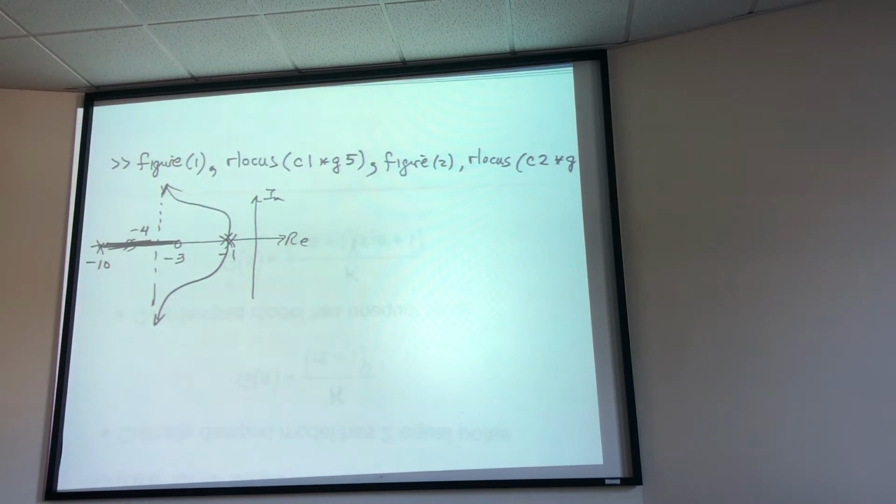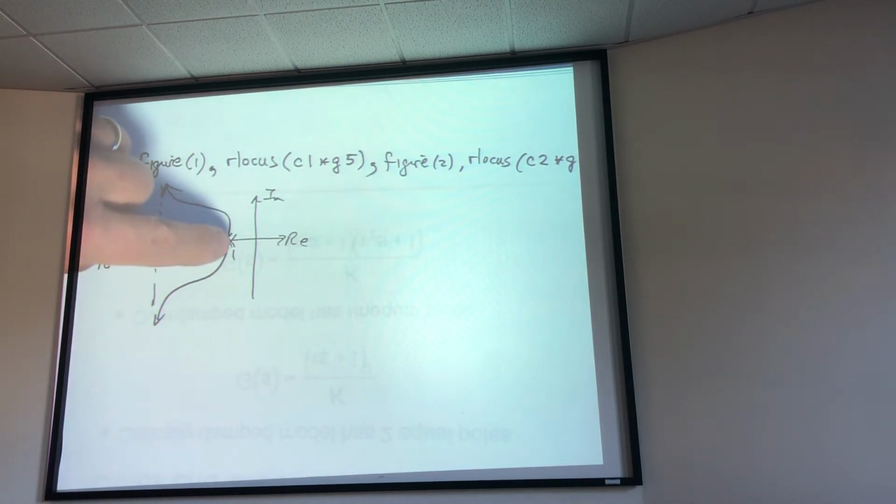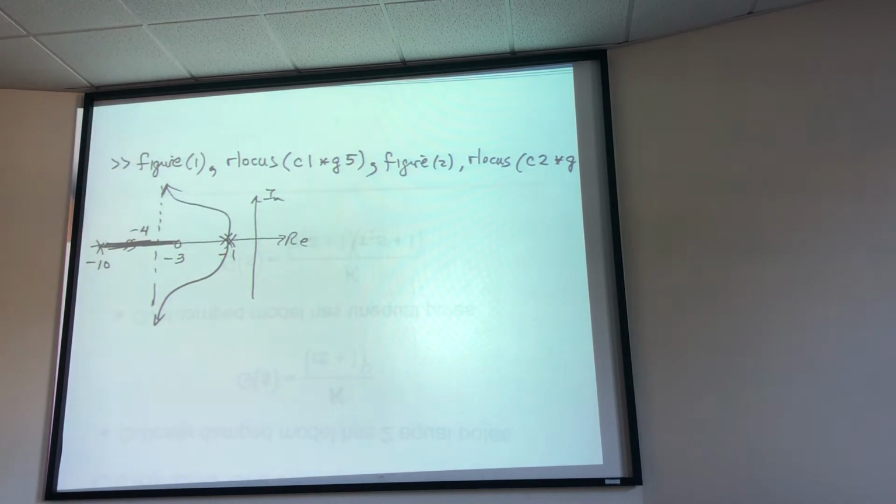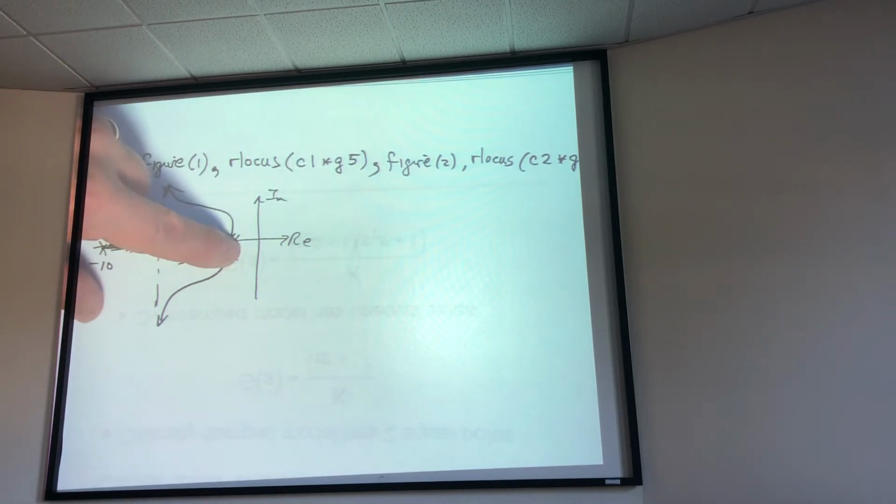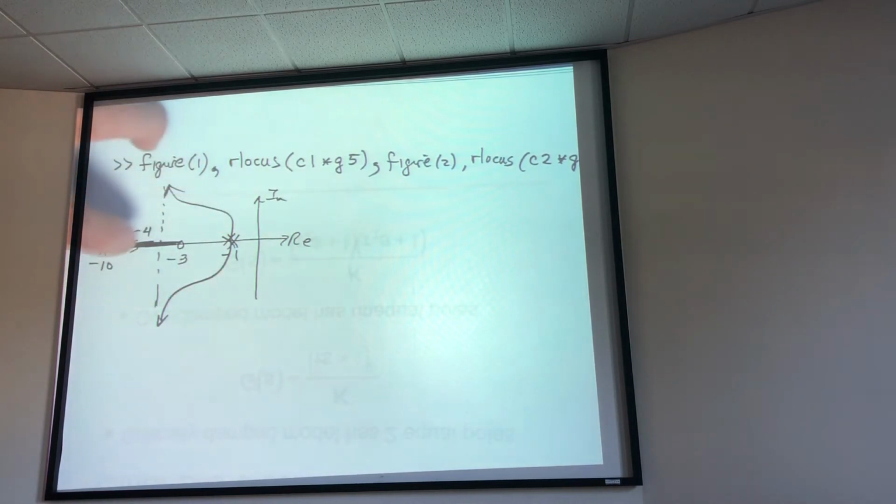So again, let's review the properties that the root locus diagram satisfies. It's in the S-plane. The loci start at the X marks, and they go to the O's, or they go off the page. Starting at the X marks, these two are going off the page.